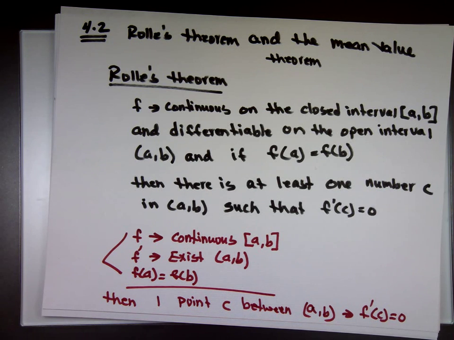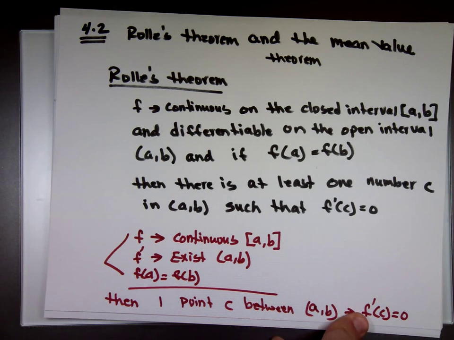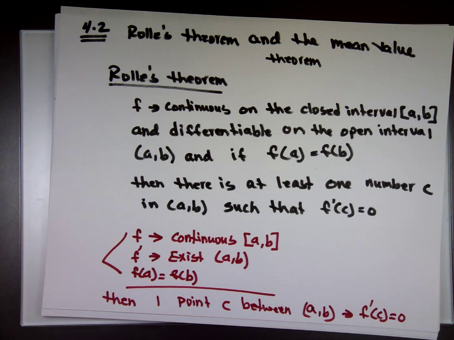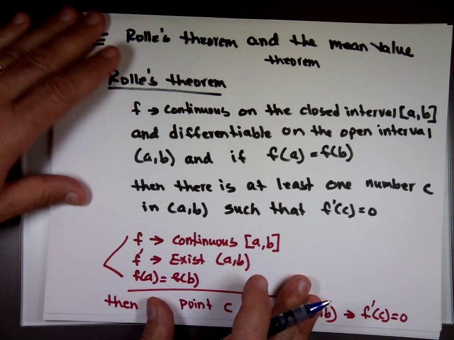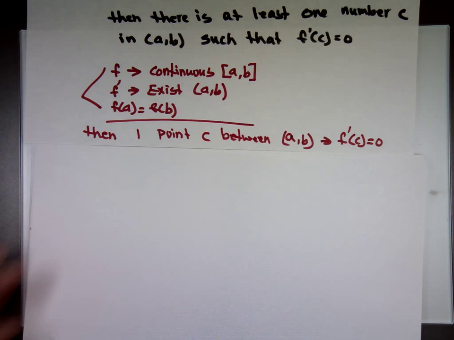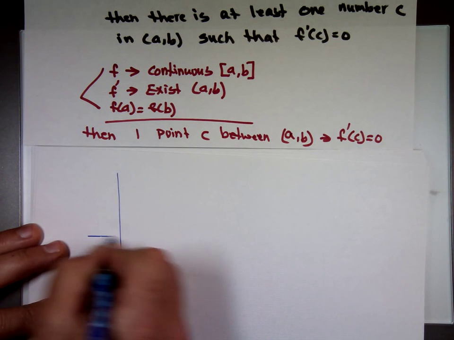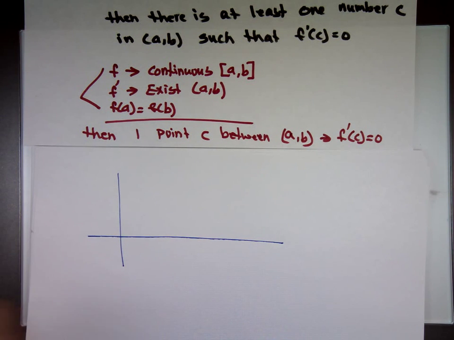And you can try to think of any other choice. Let's see. Let's take a problem, like a picture, and see. Let's say this is f of x. F of A has to equal f of B, has to be continuous.